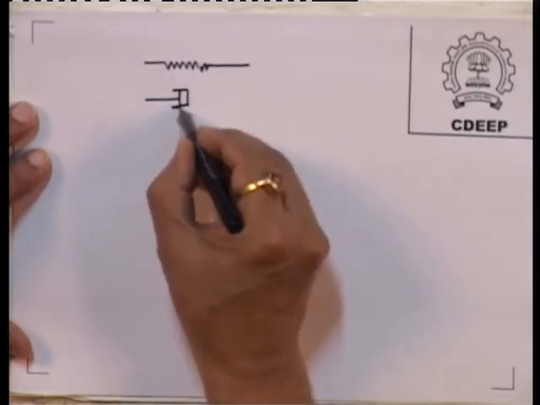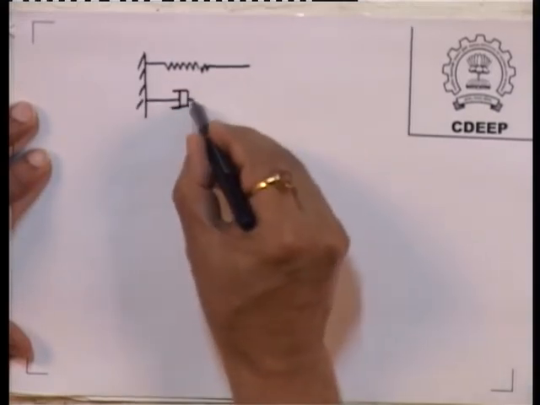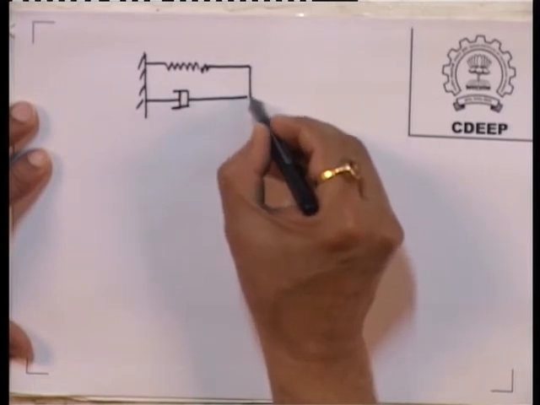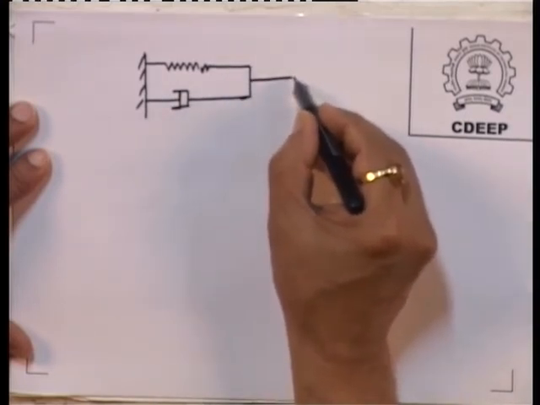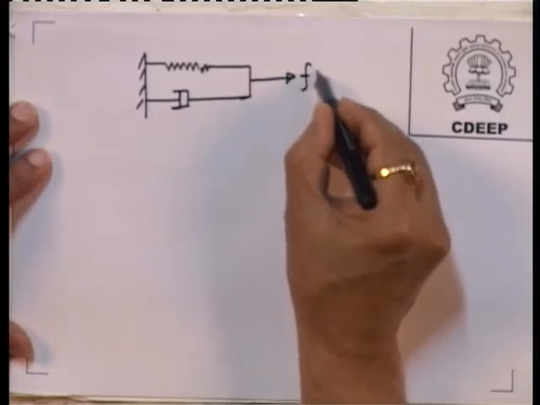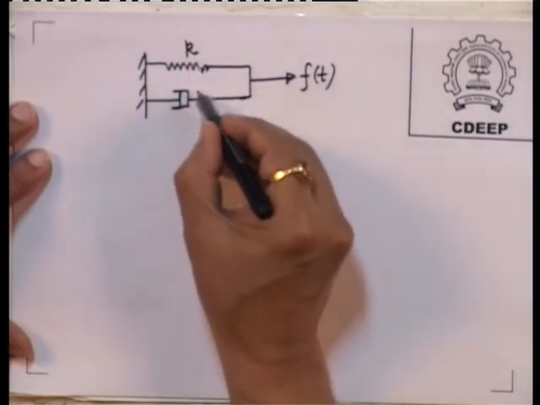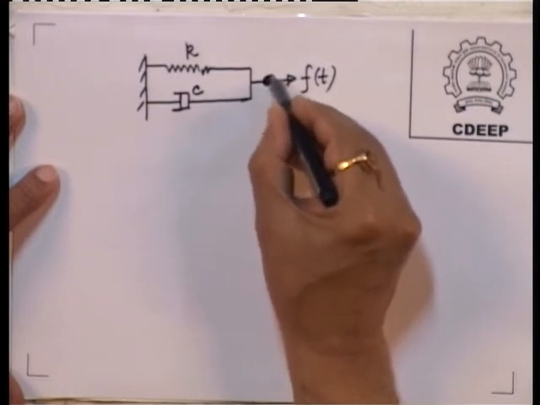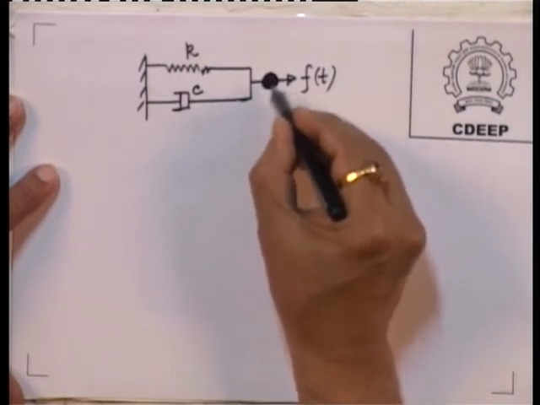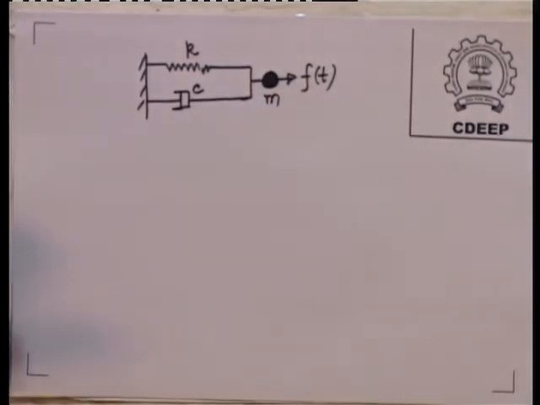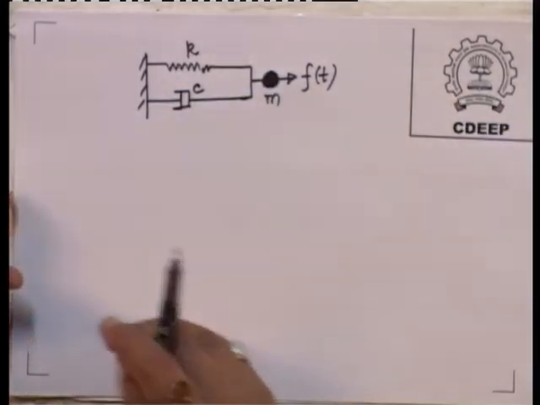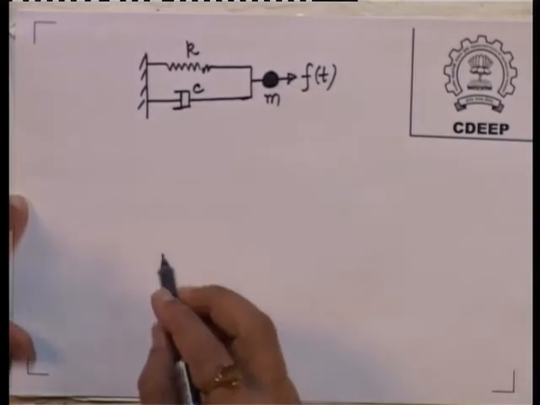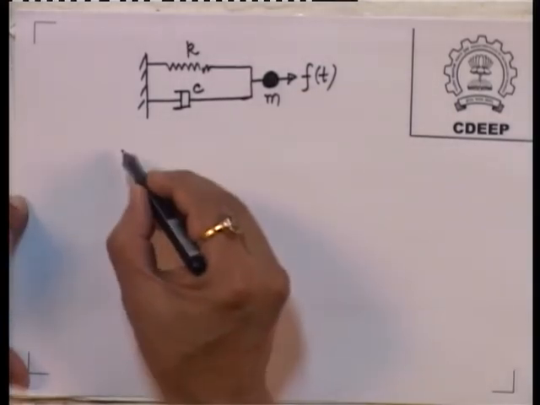So whenever you have damping, your dynamic equation is like the single mass and damper system, which those of you who have done this must have seen. This is K, this is C, and this is the mass M. You have to have some roller so that it does not fall on the floor.